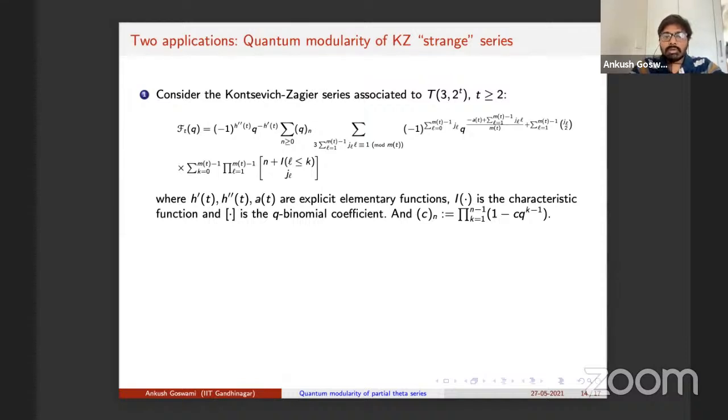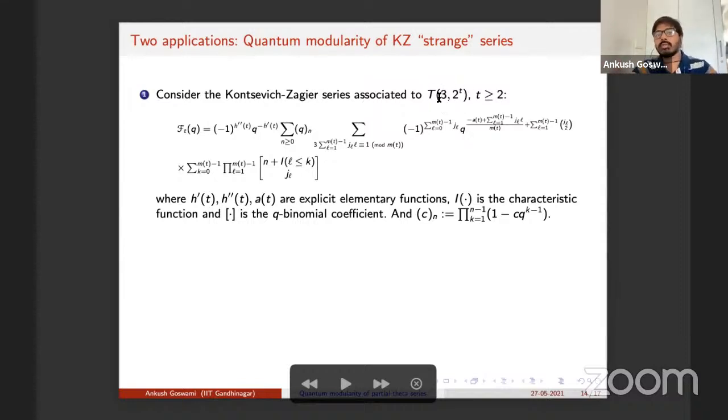This function F sub t of q is extracted from the non-cyclotomic expansion of the colored Jones polynomial corresponding to the knot T(3, 2^t). And this is how this function is connected to this family of torus knots. The non-cyclotomic expansion of the colored Jones polynomial for this knot was obtained by Hikami in 2016.